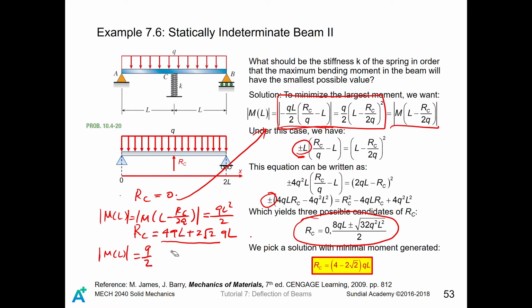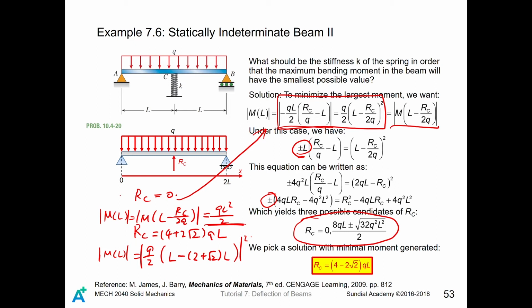To simplify it, it will become 4 plus 2 square root 2 QL. So once RC is divided by 2Q, it will become L minus (2 plus square root 2) of L, squared, absolute value, which is even larger than this one.